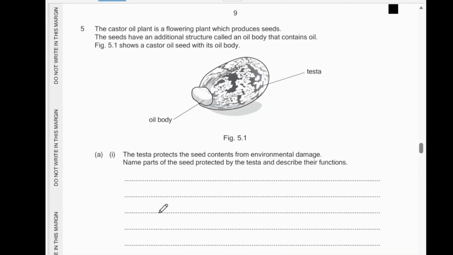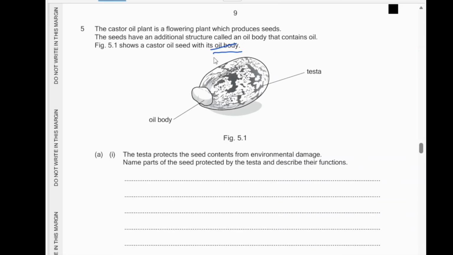A castor oil seed in a flowering plant which produces seed is given. Okay, let's do this one, the castor oil one. This is not related to question 16 and this is not related to 15, the reproduction in plants.